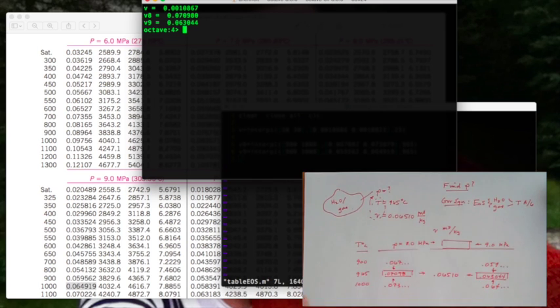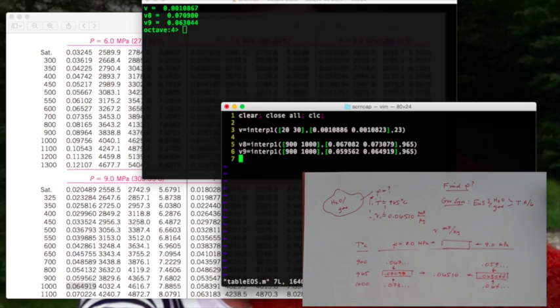And now we're going to interpolate in between these two to get the pressure. So the pressure is the unknown in this situation. Going back to MATLAB, our ultimate pressure that we're looking for in this problem is going to be interp1. Now we're going to interpolate between volumes. Our known volumes now are V8 and V9. The pressures at V8, well, that would be 8 megapascals, and at 9 megapascals, we know it's V9.